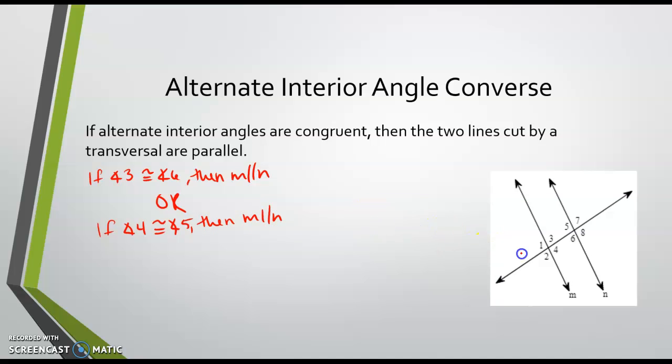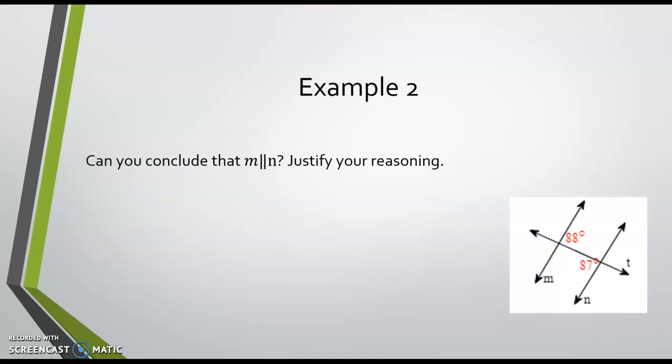So again, I have a set, and it only takes one set of congruent alternate interior angles that proves that our lines are parallel. All right, so on this one, can we conclude that M is parallel to N? Justify your reasoning. So on this one, we have alternate interior angles, but the one on line M is 88 degrees, where the one on line N is 87.